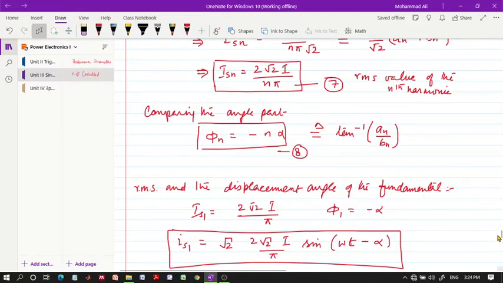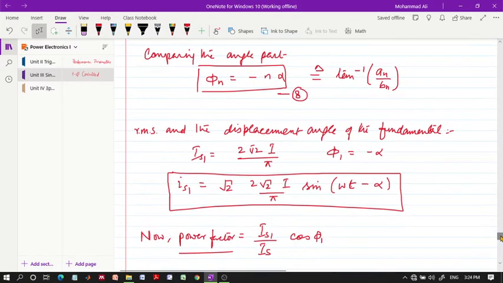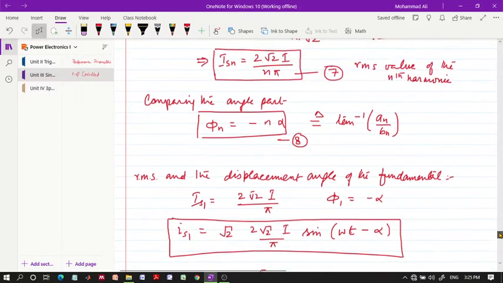Now if we talk about just the fundamental component of that square wave, it should have a magnitude and a phase. Now IS1, by placing the value of ISN, if I put n equal to 1, it will give me the RMS value of the fundamental component.